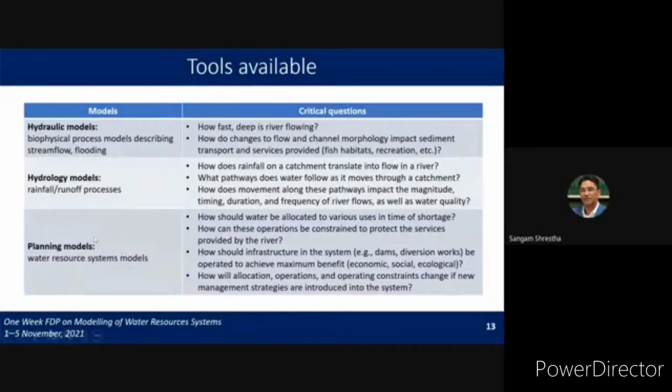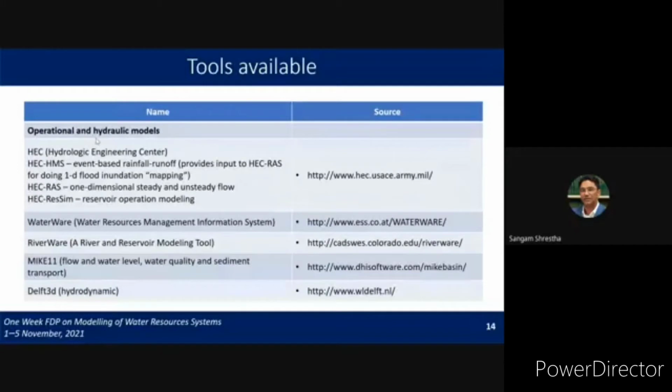Okay, so there are several models available to conduct climate change impact assessment on hydrology and water resources, and the selection of the model depends on the purpose of the assessment.